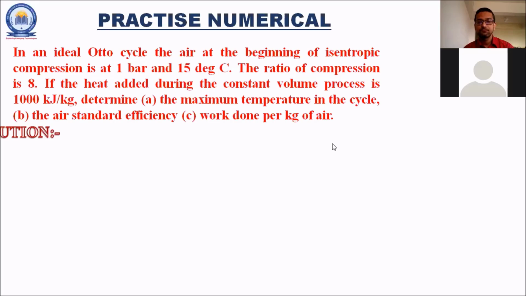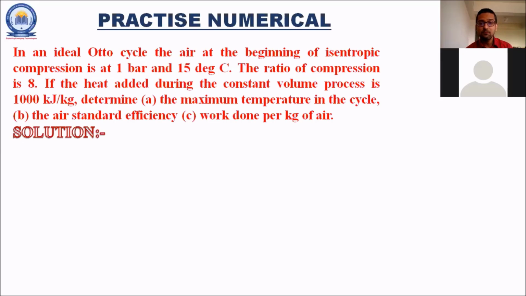So friends, in the numerical on the Otto cycle, first we are given the Otto cycle. The air at the beginning of the isentropic compression is at 1 bar and 15 degrees Celsius. So we are given the pressure P1, that is 1 bar, and the temperature T1, that is 15 degrees Celsius.